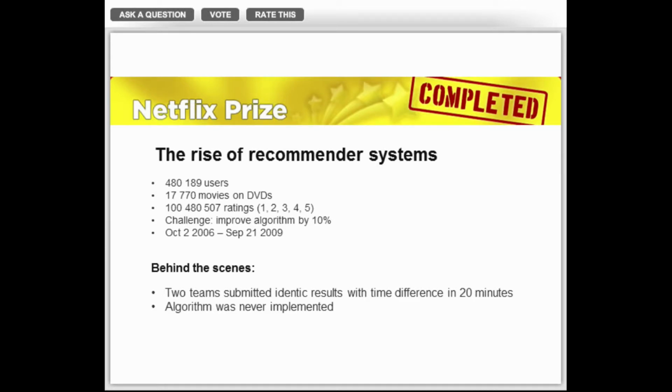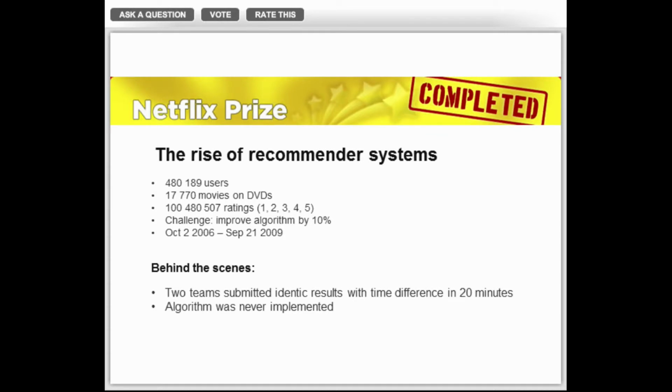First, there were 2 teams that submitted identical results with a time difference of 20 minutes. I can imagine how the second team, which didn't win the prize, felt. And the next thing, which is even more important and not that public, is that the algorithm was never implemented by Netflix. So they actually paid $1 million for an algorithm which was not implemented.